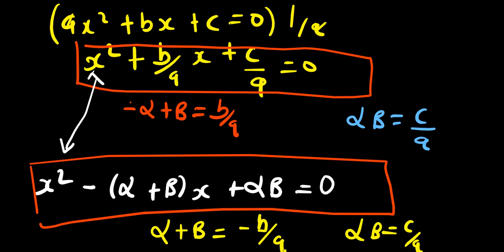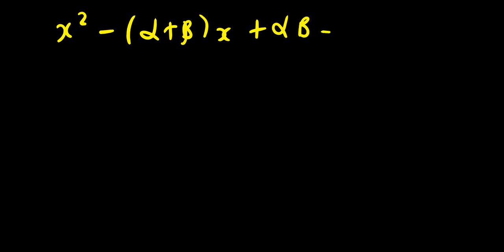Now let's put this into context. Let's say you have your general equation in terms of roots, which we've just said: x squared minus alpha plus beta, with an x outside, plus alpha beta, is equal to 0. Now if they've given us any roots, let's say they've given your x is equal to, let's say 1, or your x is equal to, let's say 2.